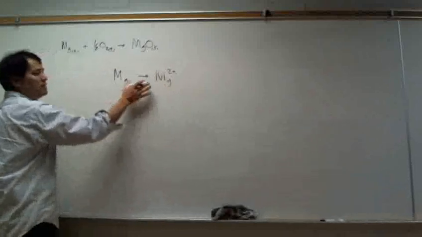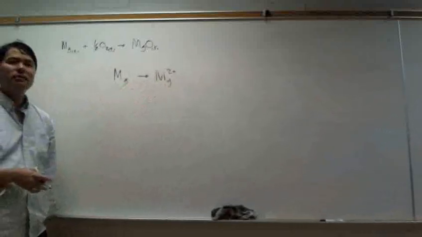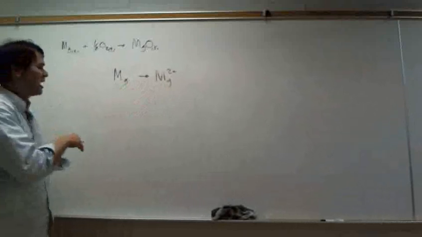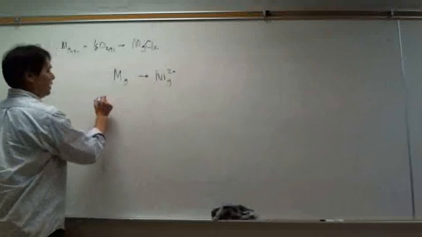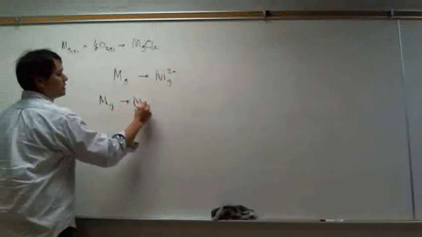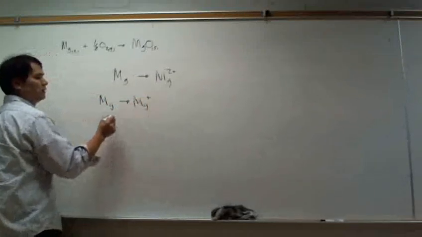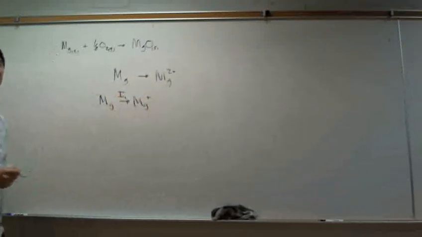In other words, magnesium's got to lose electrons. Does this happen in one step? No, it's going to happen in two steps, and this is the way we'll break it down. Magnesium goes to magnesium plus. We call this I1.